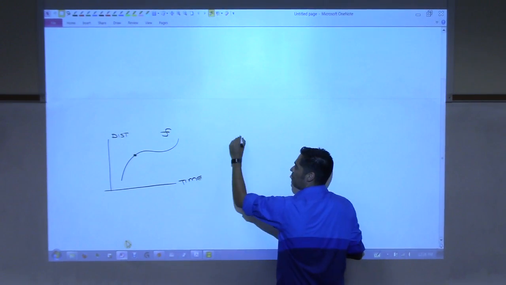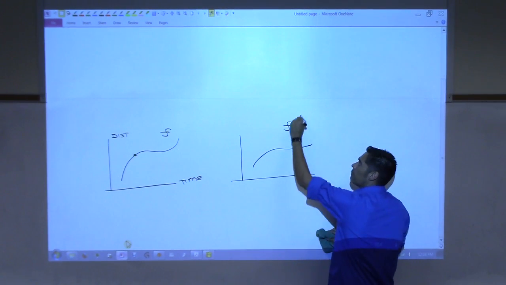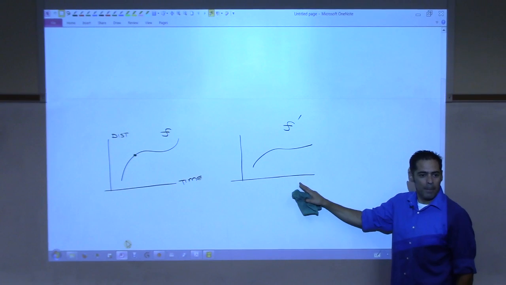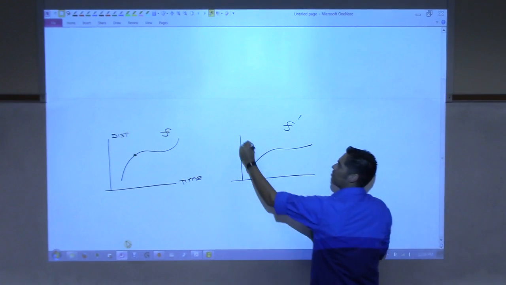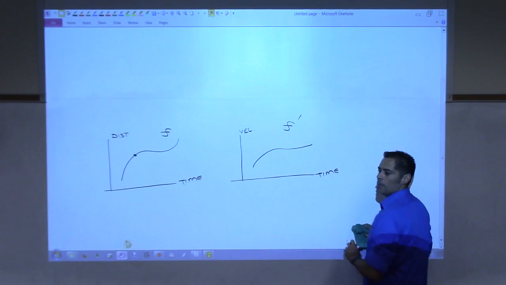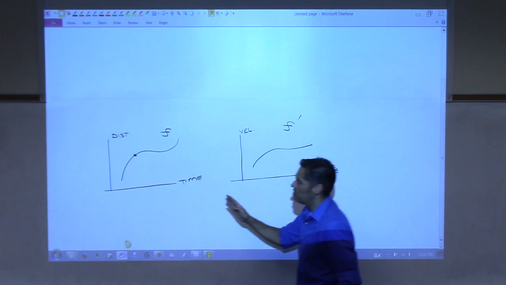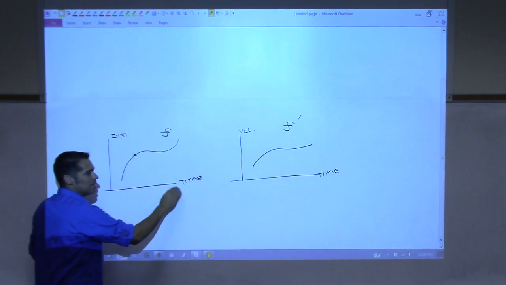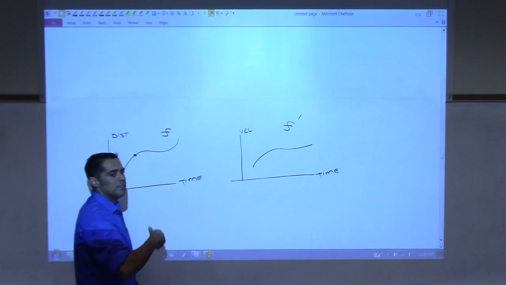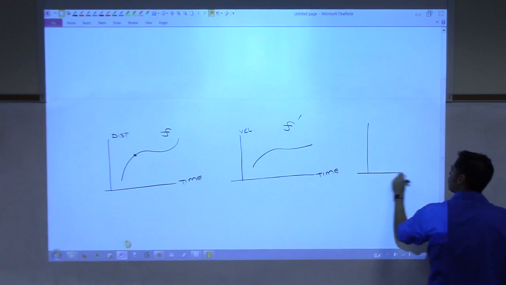Since we know that the derivative can be graphed, right? This would now represent a new function, which gives me the velocity with respect to time. So if you have a function that represents your position with respect to time, the first derivative is your velocity with respect to time.